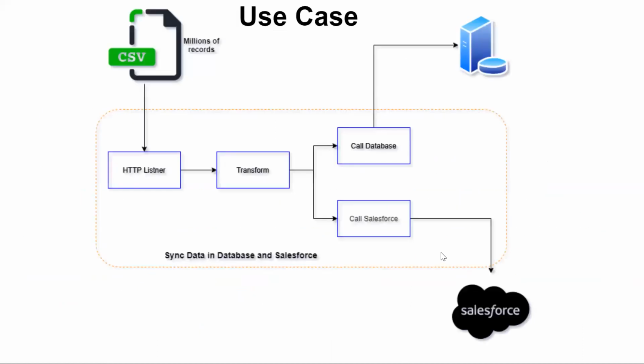If you look at my screen, it's a very simple use case. I'm getting millions of records as a request in CSV. It can come as an attachment to the HTTP, or if you don't have HTTP here, it can be pushed to your SFTP.